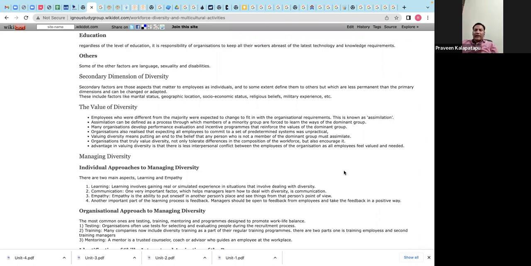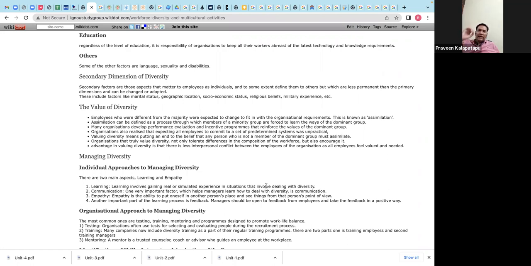So value of diversity is nothing but you, as an organization, trying to eliminate this assimilation. The organization believes that this assimilation needs to be removed, so it attacks and removes it.